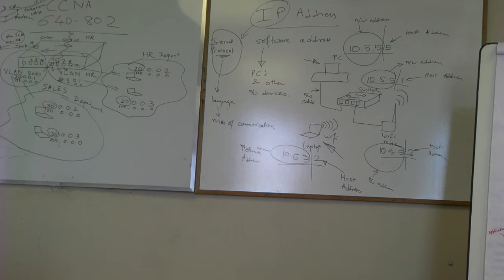Okay, by doing that, we are allowing each one of them to go to the internet. See, each one can go to the internet through his VLAN, to the router, the DSL modem, up to the ISP. So he'll have internet.